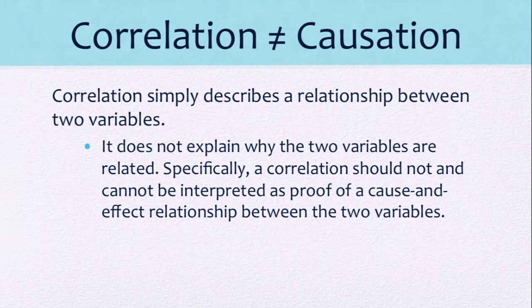The truth of the matter is, correlation does not imply causation, right? And so the relationship between two variables existing does not explain why the two variables are related or how they're related. So we can't make any causal claims as to why this relationship may exist for men versus women.